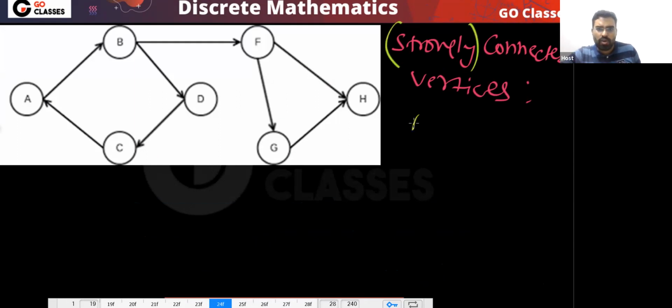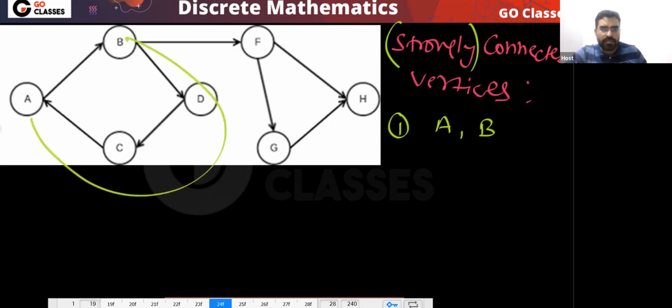Can I say vertex A, B are connected? You can go from A to B. Can you go from B to A? Yes, you can go from B to A. So yes, these are strongly connected.